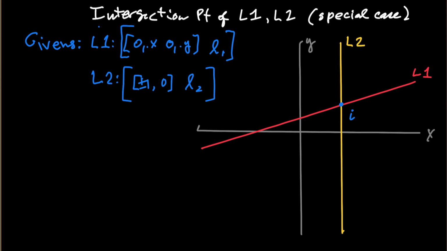All right, the thing we already know about this intersection point I is its x-coordinate, right? That's because all the points on L2 share the same x-coordinate. We know that this was brought into place by a coordinate rotation, and we're going to have L2's location, which didn't change going through the rotation.